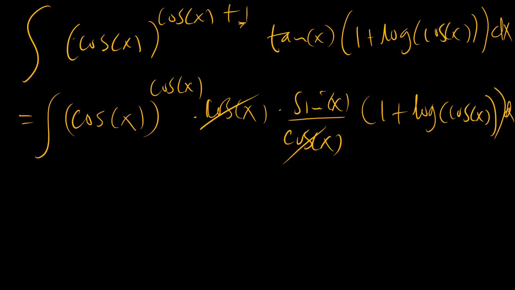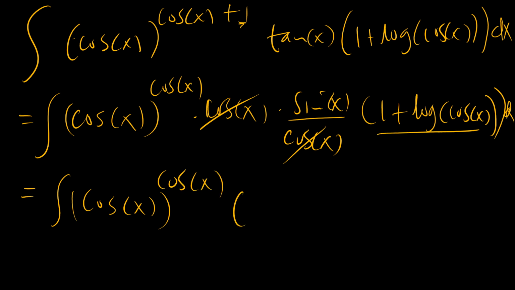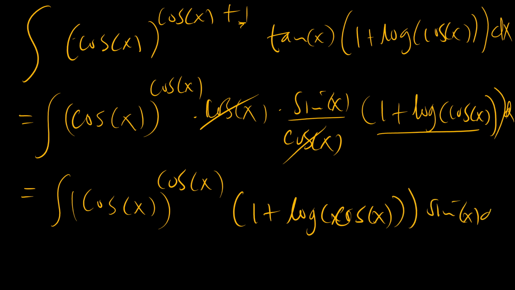Okay, so the problem now condenses to cosine of x to the power of cosine of x times, I want to bring this here first, and there's a reason, sine x dx.